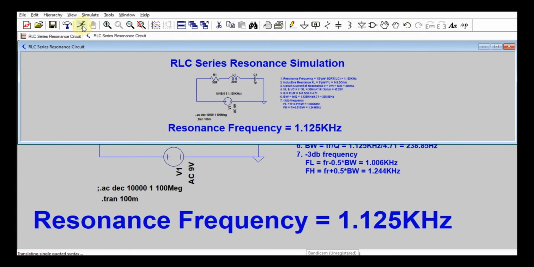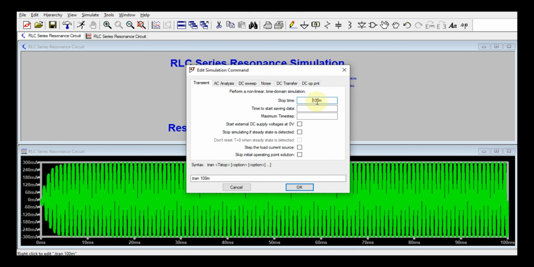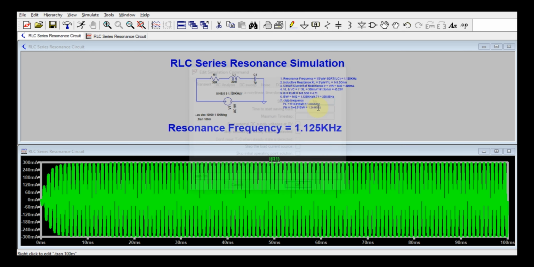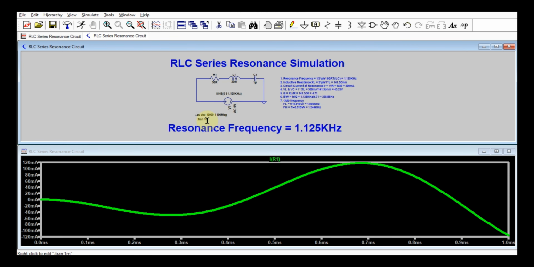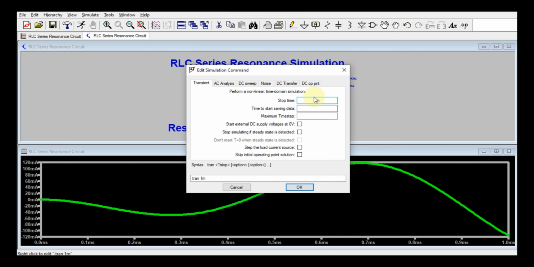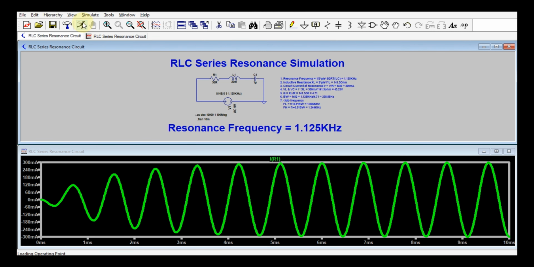Now you will run the transient analysis, and now let me reduce the transient time here. Let me reduce it to 1 millisecond. No, let me further increase it up to 10 millisecond so that you can see the multiple cycles, right?